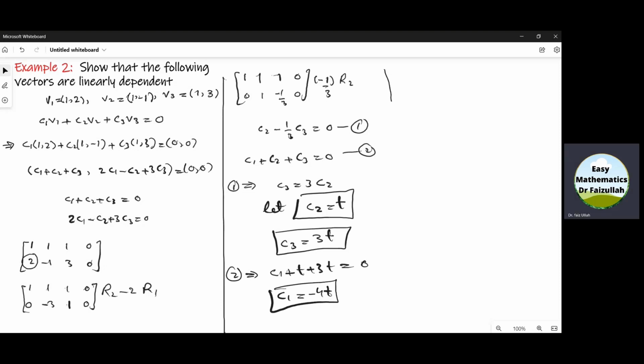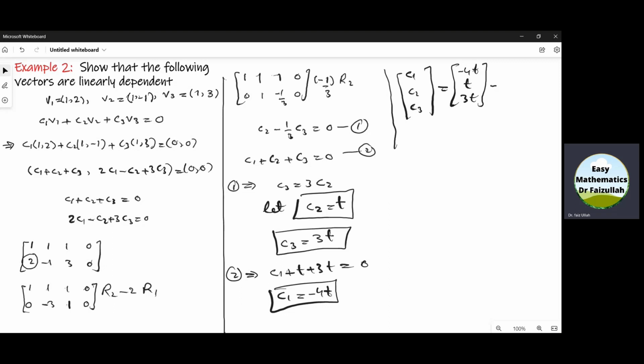So we have (C1, C2, C3) equal to (minus 4t, t, 3t).